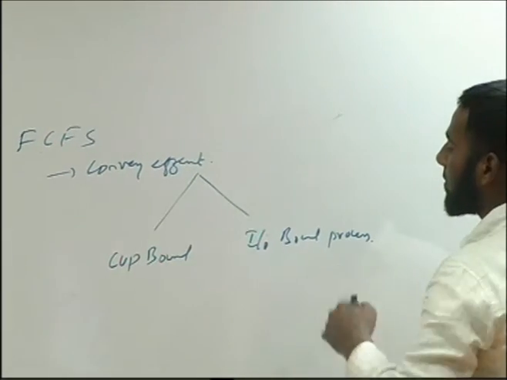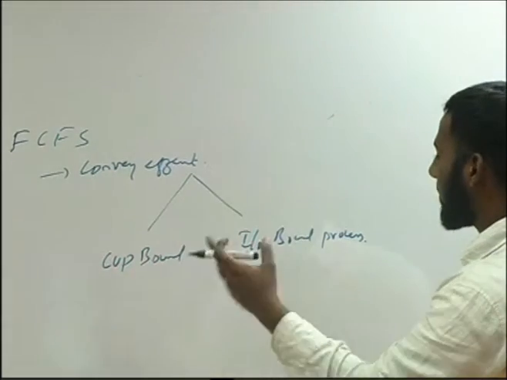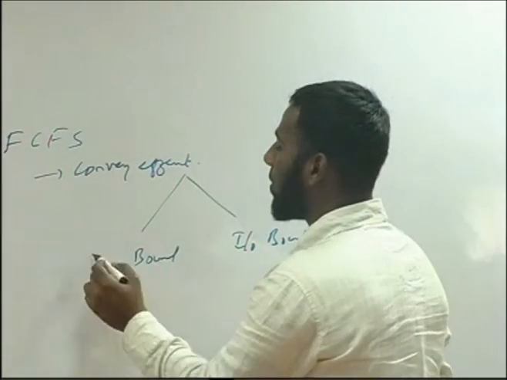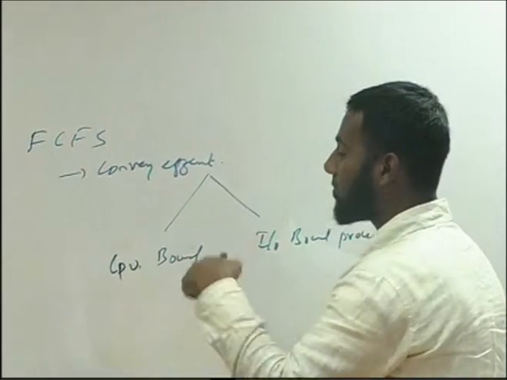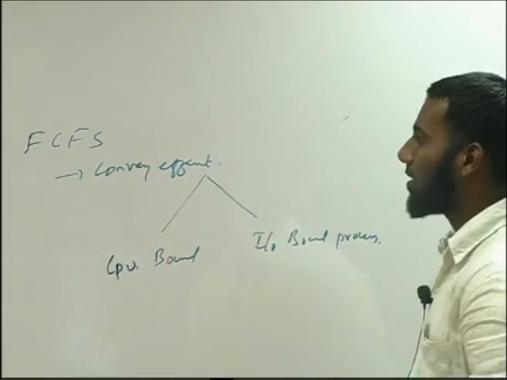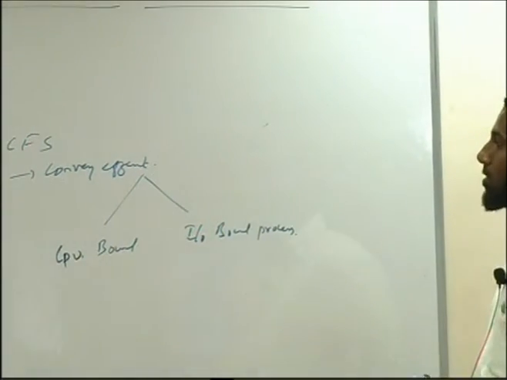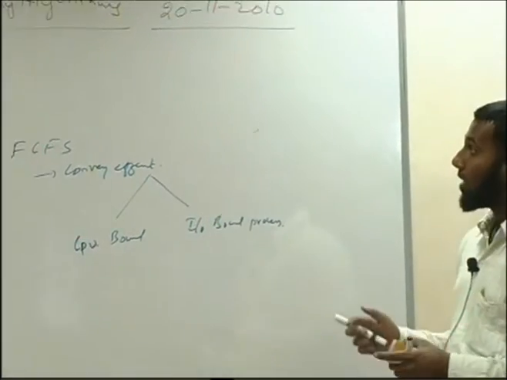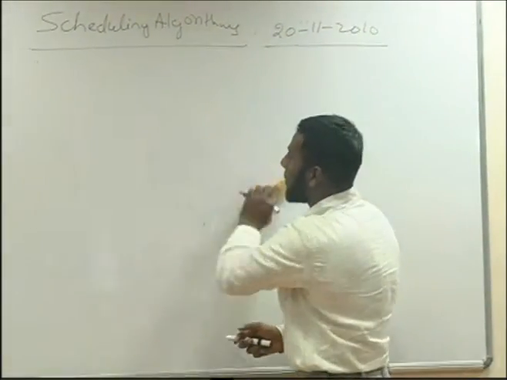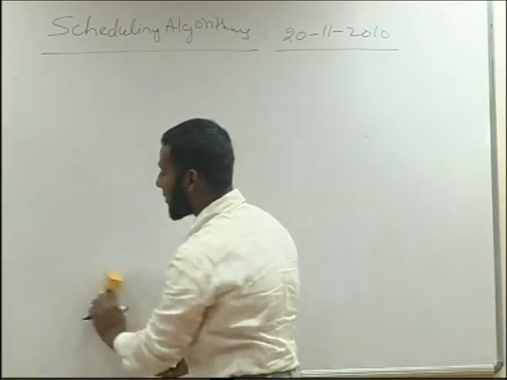These IO bound processes require a minimum amount of CPU time, and then they will be busy doing some IO activities, whereas CPU bound processes take a lot of CPU time in order to accomplish their task. So FCFS is not fair as far as IO bound processes are concerned. So we have to look for another kind of strategy for achieving the task in order to best utilize the resources of a computer.